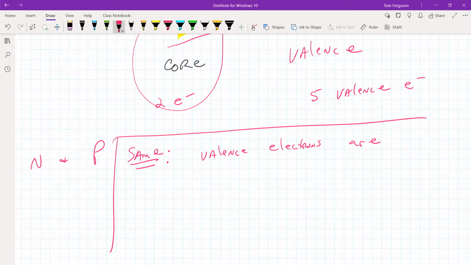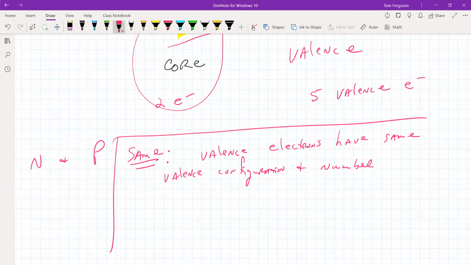They have the same valence configuration and number. Therefore, okay, you need to get used to these 3 dots. In analytical sciences and math and engineering, 3 dots mean therefore. Therefore, chemistry is the same.